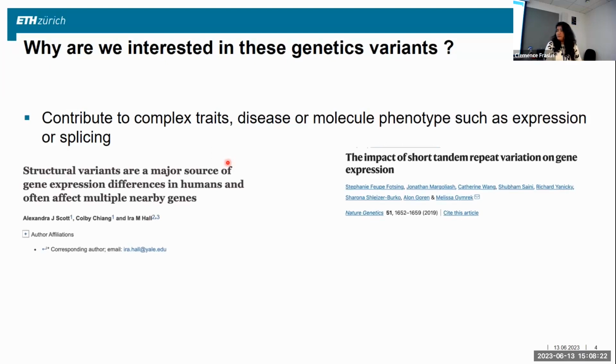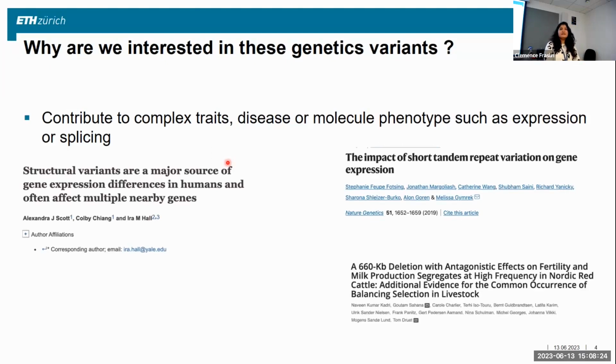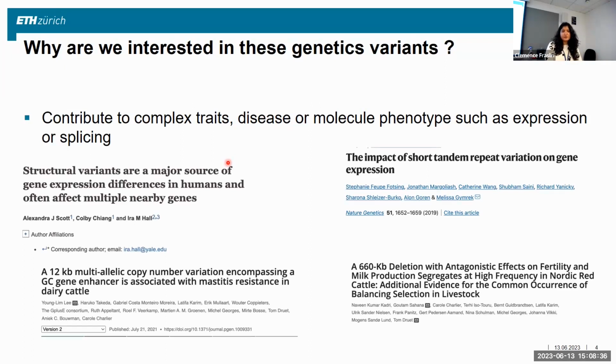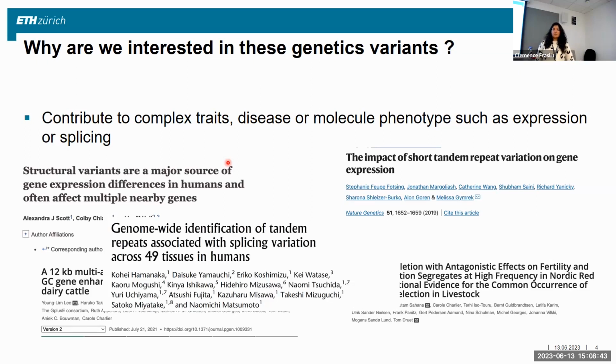And not only in human, there are also some studies in cattle which identify that these genetic variants are associated with phenotypes, such as a 660 kb deletion related to fertility. Another recently identified a 12 kb multiple copy number variation, and a more recent study talks about how tandem repeats are associated with splicing variation. Although there aren't many studies in cattle so far which have investigated their effect altogether on the expression level.